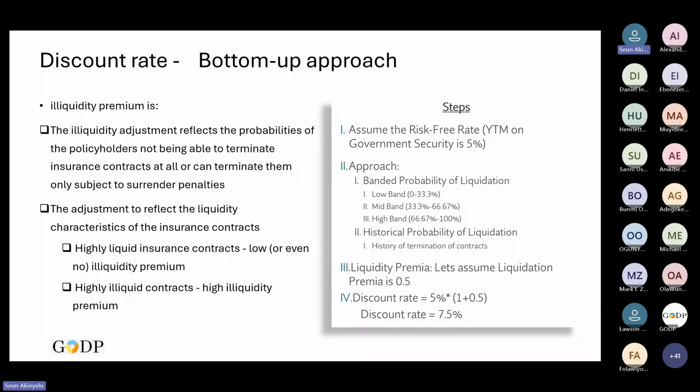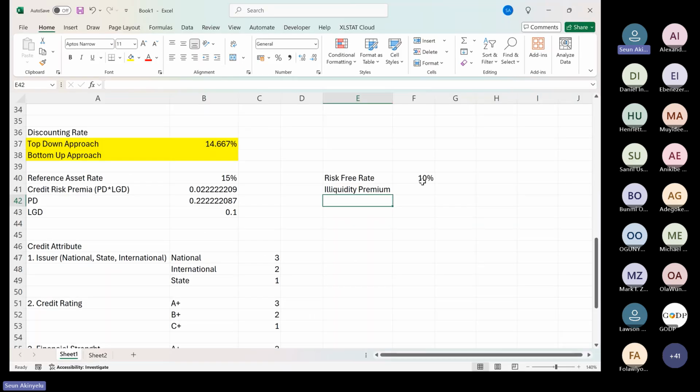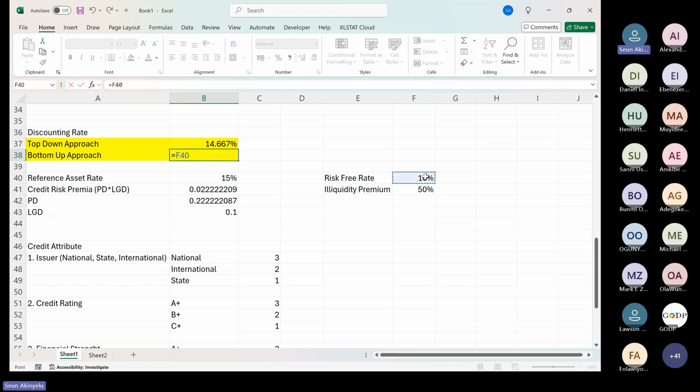So if I'm doing a bottom up, what I will just do is the risk-free rate, in this case, is 10%. Illiquidity premium, I am assuming 50%, meaning 0.5. Then that means the bottom up is equal to the risk-free rate times 1 plus the illiquidity premium.